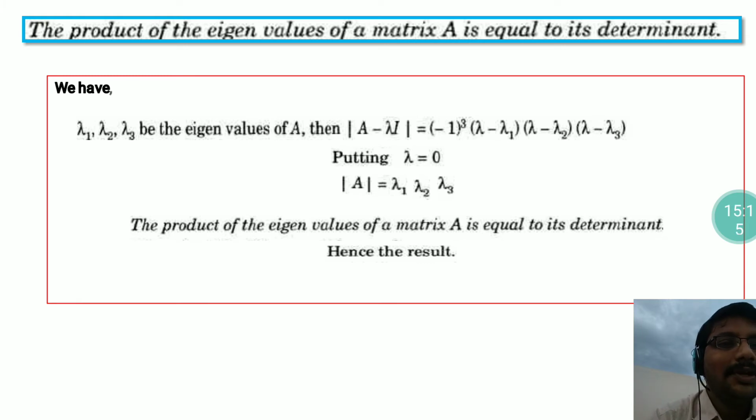So we will have determinant of A is lambda 1 into lambda 2 into lambda 3, which proves that the determinant of A is nothing but the product of eigenvalues of A. So once again, the product of the eigenvalues of matrix A is always equal to its determinant. Hence, the result.